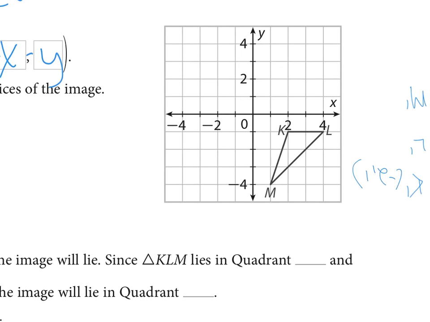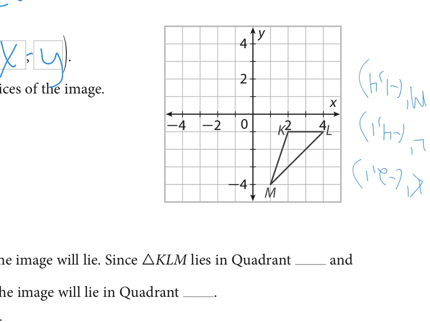L prime, if we count, is now 4 to the left and 1 up, so negative 4, 1. And M prime is only 1 to the left and 4 up, so that is the point negative 1, positive 4. Okay, we've written down our points.